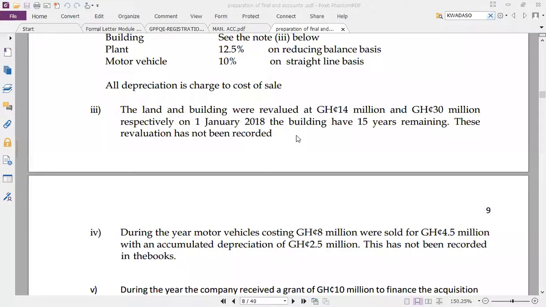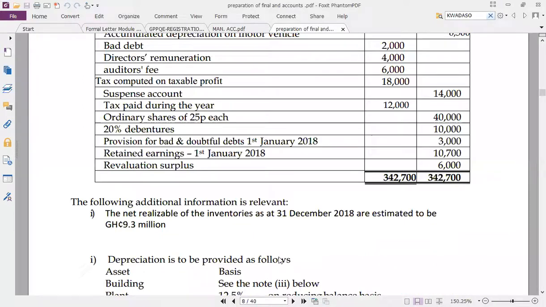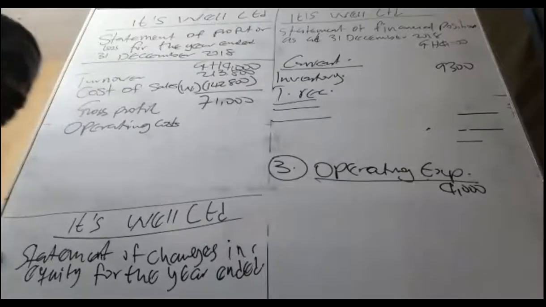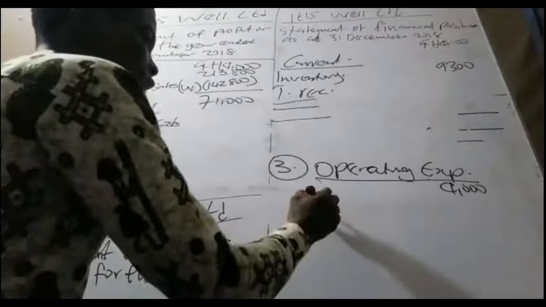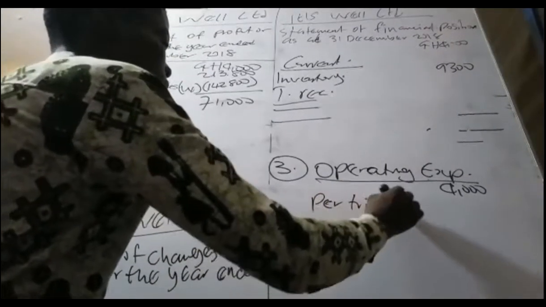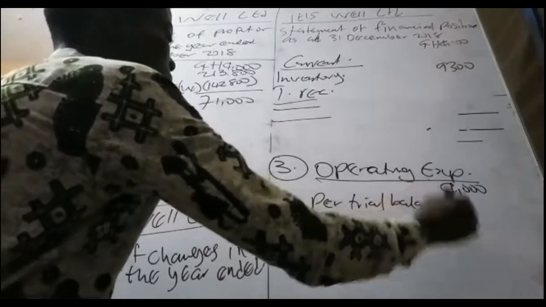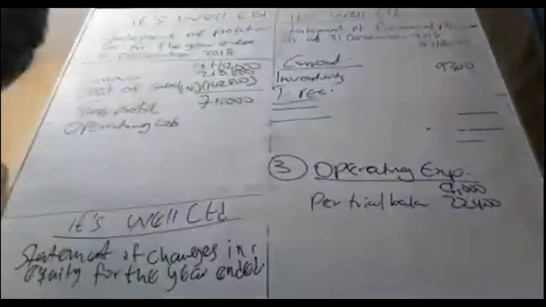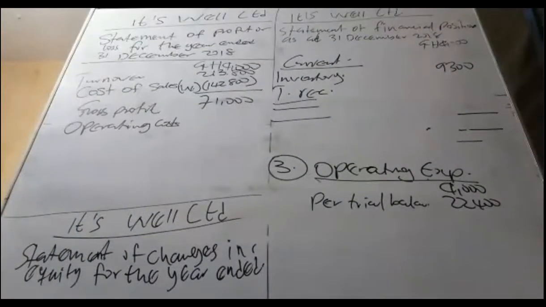When we pick the trial balance, the operating cost will be 22,400. So per trial balance, 22,400. Good.